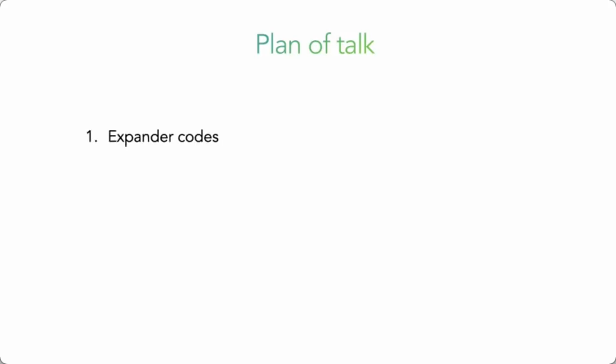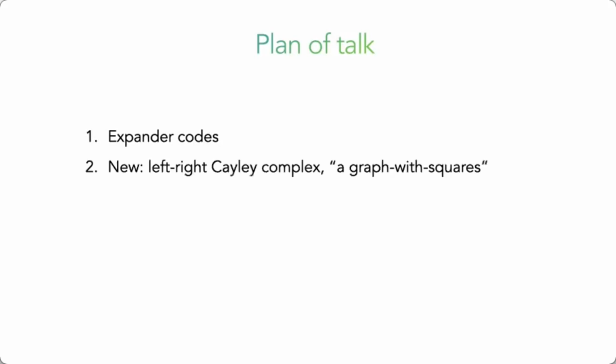So here's the plan of the talk. Let's first talk about expander codes. These are specific error correcting codes from 1996. They're a very, very beautiful construction. I want to go over them because they're somehow the basis of our codes. Then I'm going to define something like an expander graph, but with a second dimension. This is an object called the left-right Cayley complex.